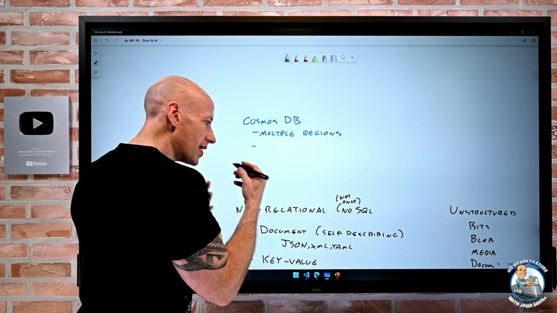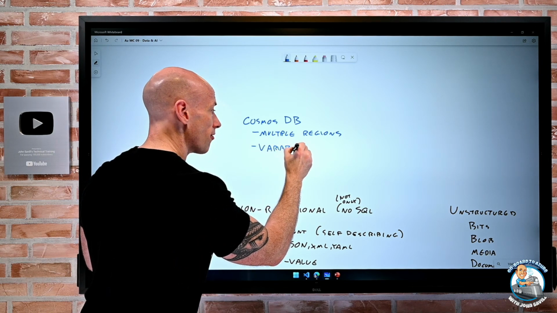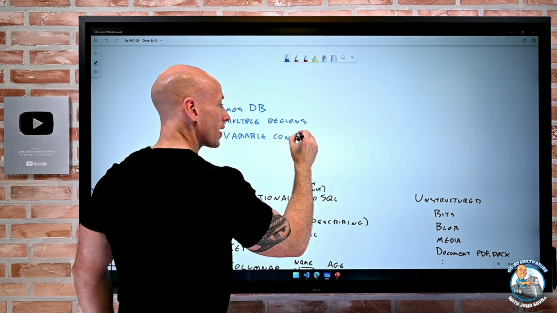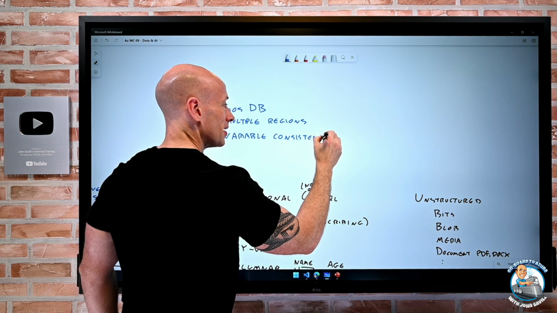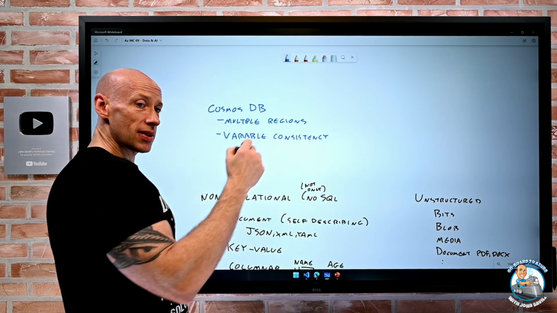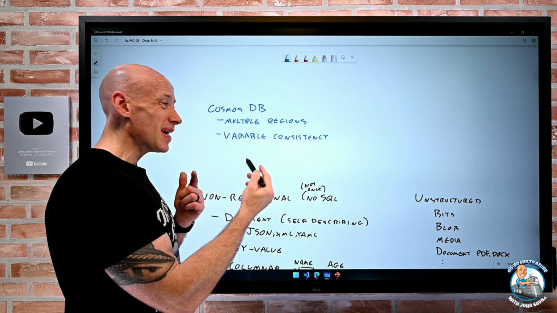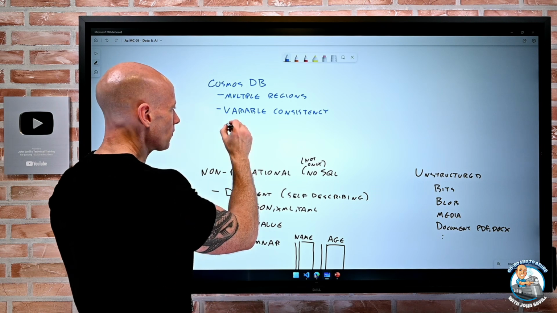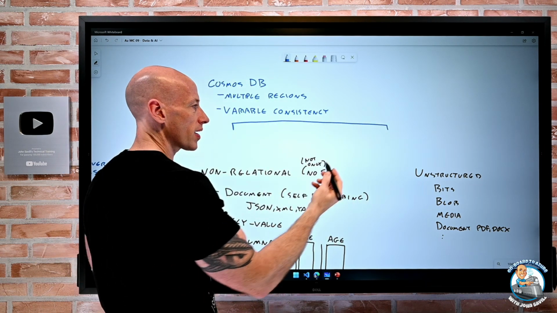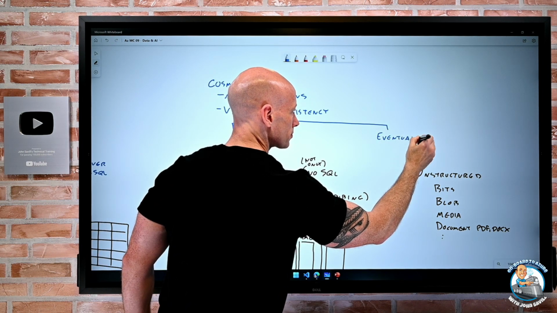And I have this idea of variable consistency because my use case is going to be different. Sometimes I may not care about a person over here talking to this copy, seeing the same thing as a person over here talking to this copy. As long as it catches up eventually, in fact, let's write that down. So if I have a variable consistency, I might not care. As long as it eventually catches up, great.